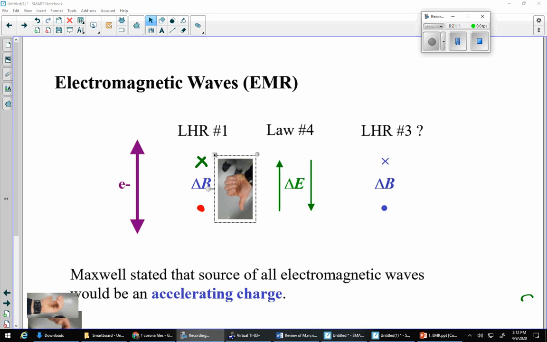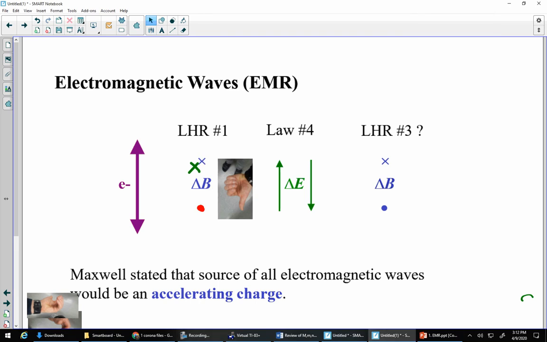But the magnetic field, so let's say that we're working in green here. The magnetic field at the top is into the page. So let's see here, I need into the page for that particular one. There we go. So into the page over here, we're going to end up with an electric field, or my thumb, pointing up. If it is out of the page, it's going to be pointing down.